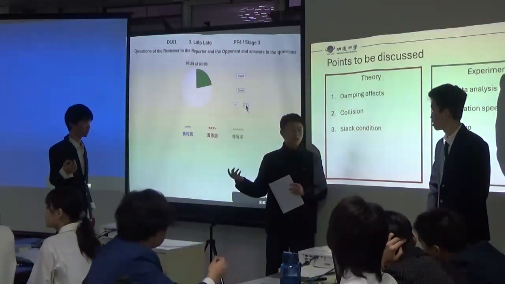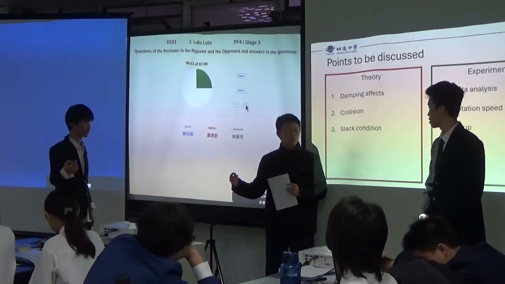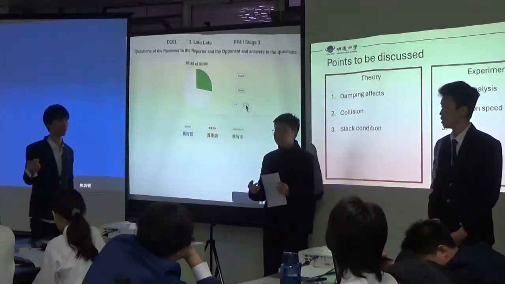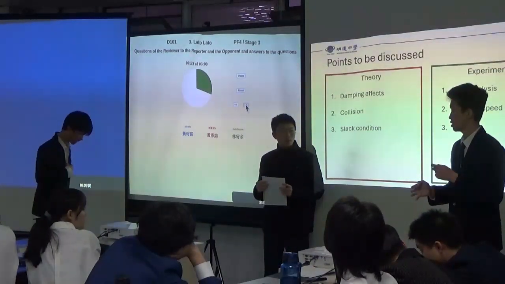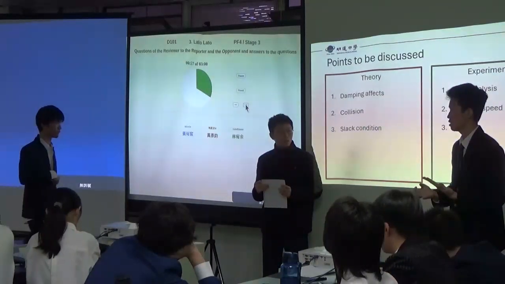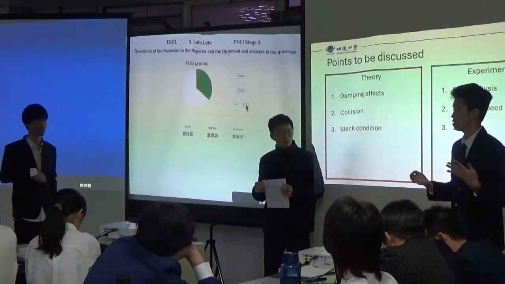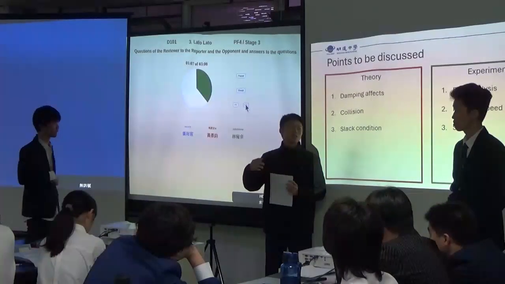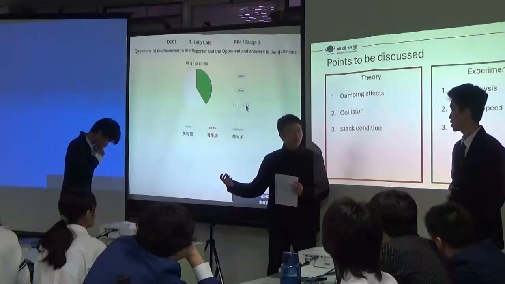How about the strings? What do strings do to the ball? So I believe that the string will do some positive work to the whole system, but since the string might slack or something that leads to energy loss, it might do some negative effects to the system. And so you mean strings will do some kind of negative work to the ball? Yeah.